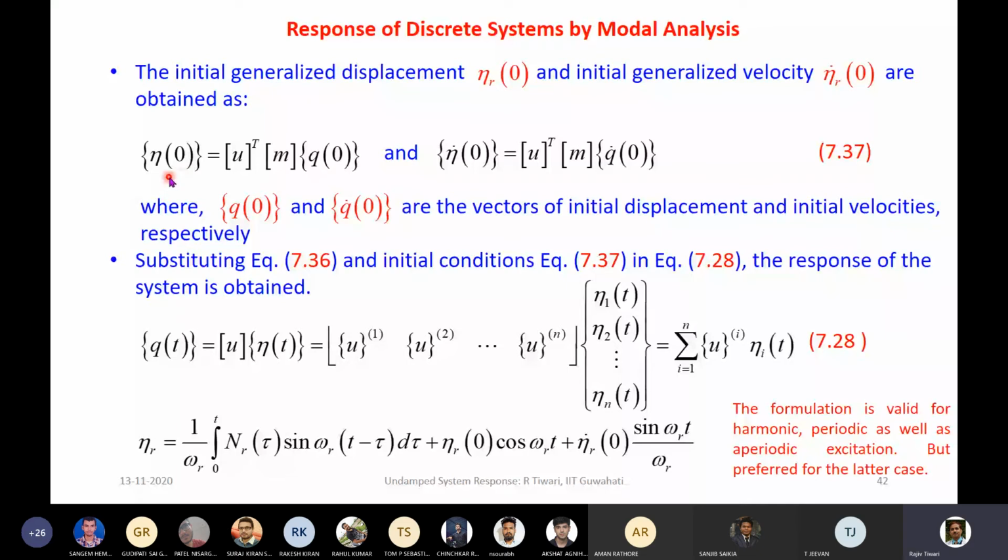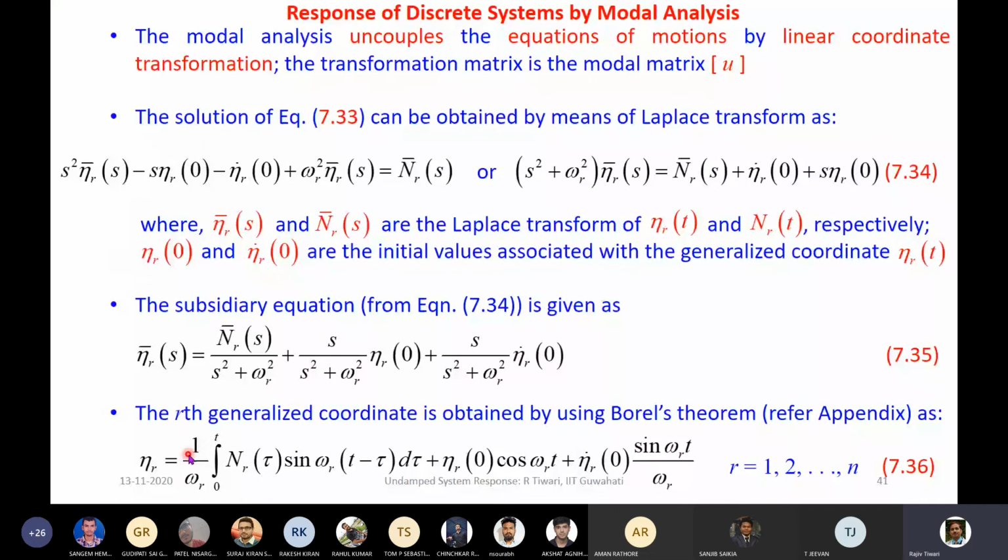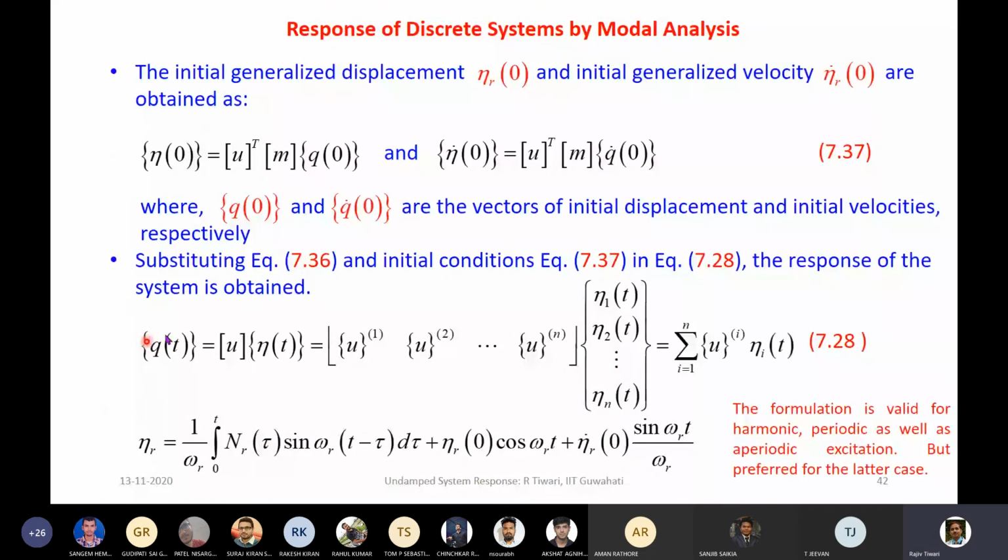Now once we get the natural coordinate response, we need to bring it back into the actual coordinate using the modal matrix. So in the modal matrix, this is the first row, second row, and nth row.